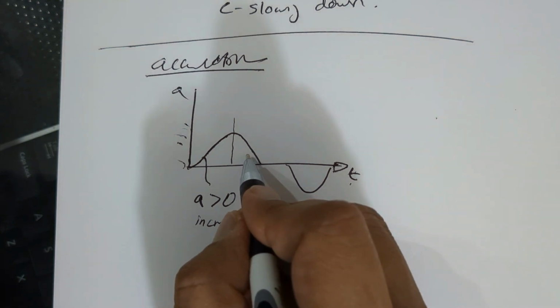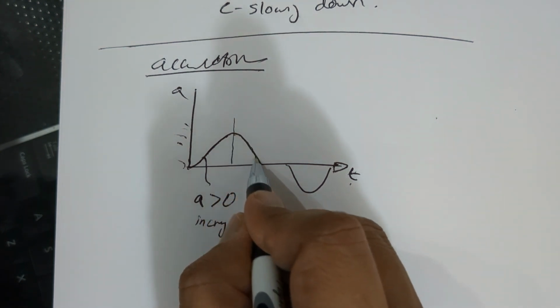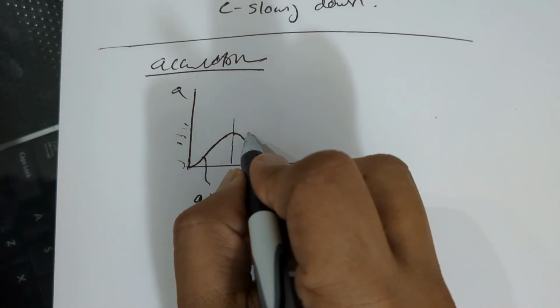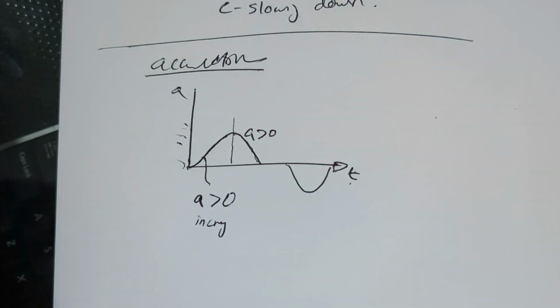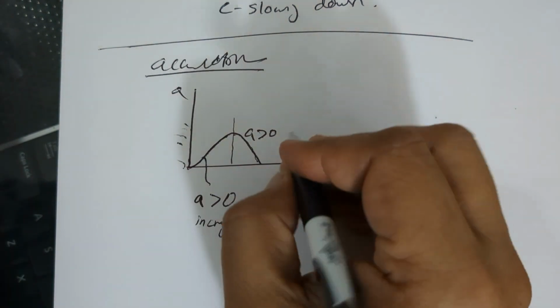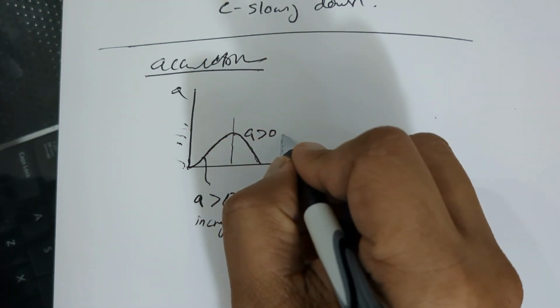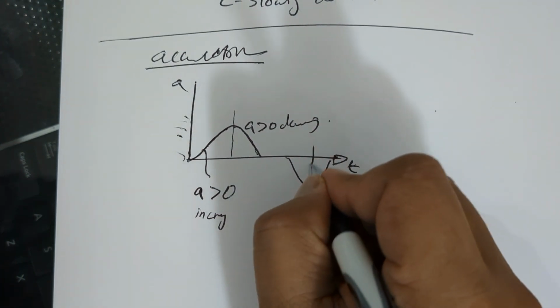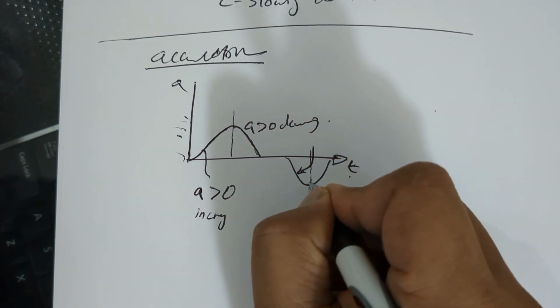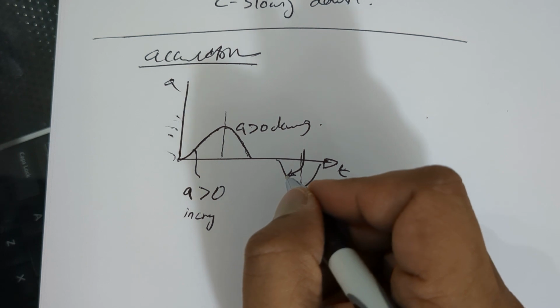Then what happens here? All of a sudden you're decelerating. So A is less than zero. Here it's still more than zero, but you're decreasing your acceleration. Now let's break this down here.